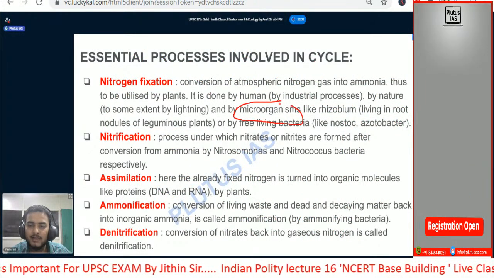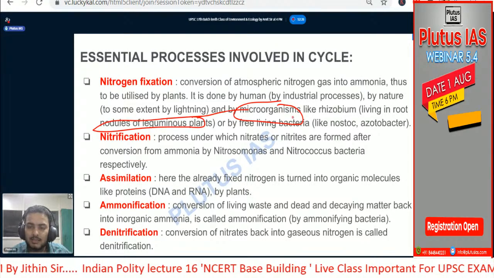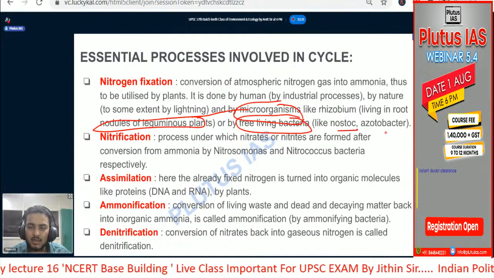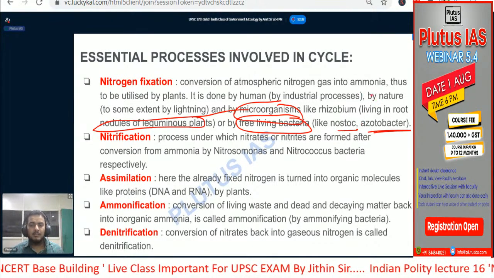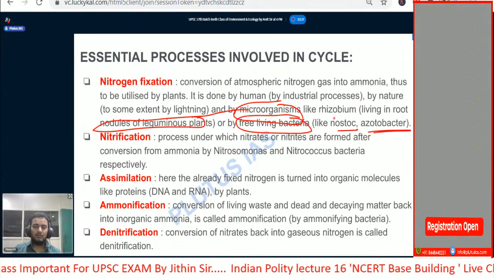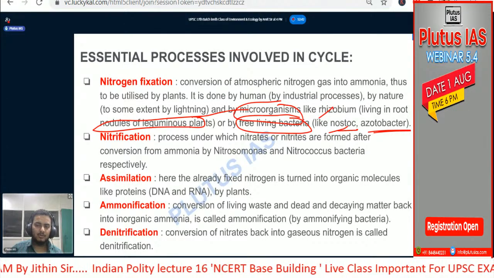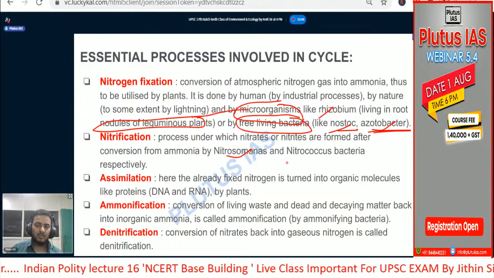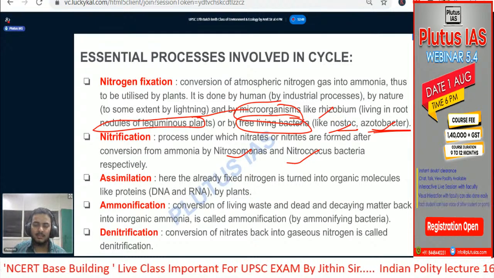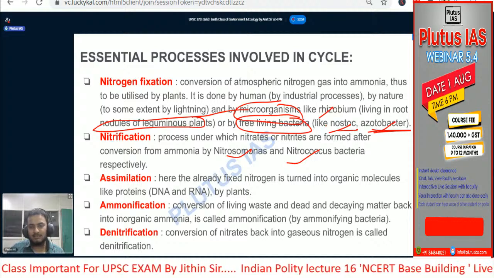One lives in symbiotic relationship in the root nodules of plants, and the other is free living bacteria. The free living bacteria are nostoc and azotobacter. In the nitrogen cycle, it is very important to remember the names of these bacteria: rhizobium, nostoc, azotobacter, nitrosomonas, nitrococcus, and then there are several algae as well, like cyanobacteria, the blue-green algae.